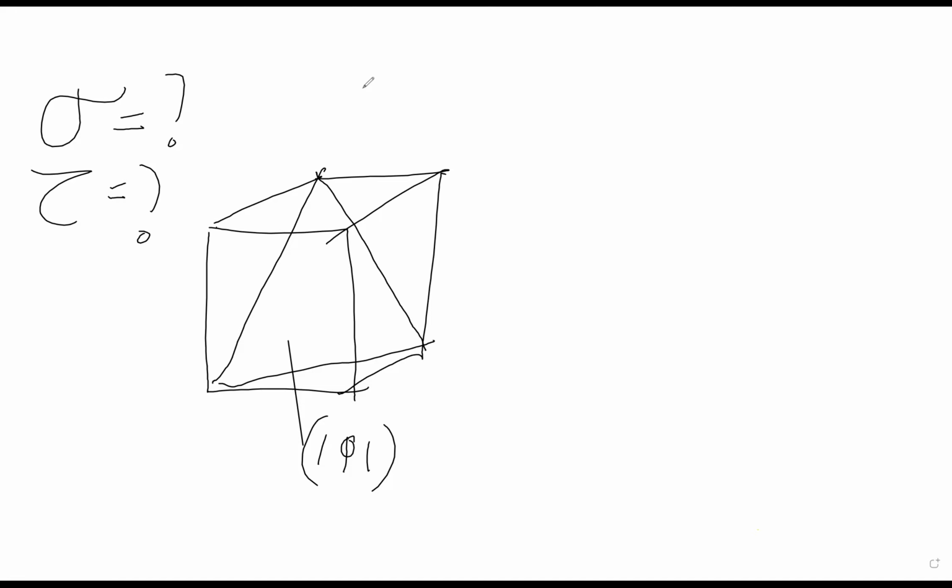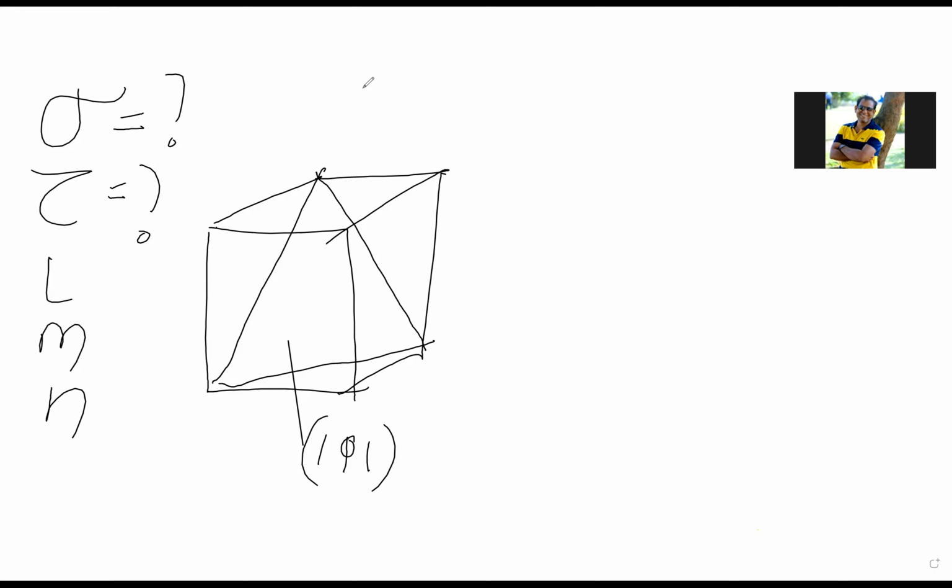So, as we know, we have taken the direction cosines L, M, N. L is the cosine of the angle between the normal to the plane and the x-axis.